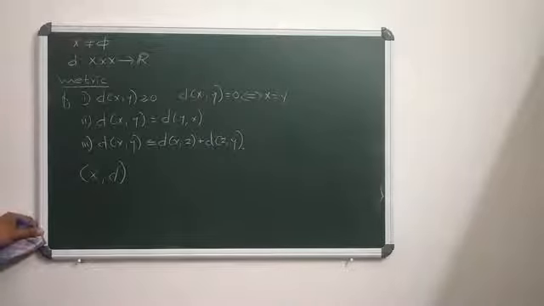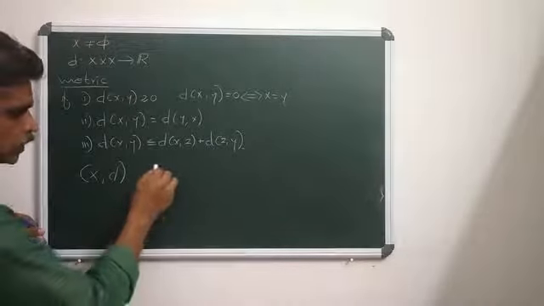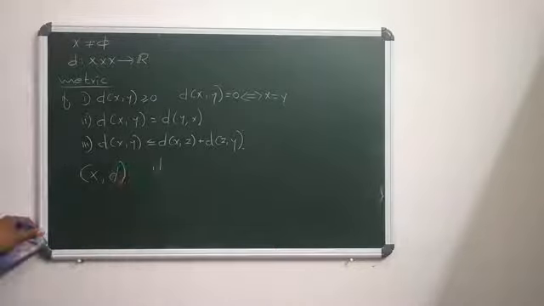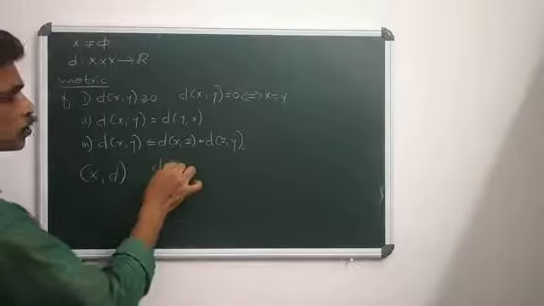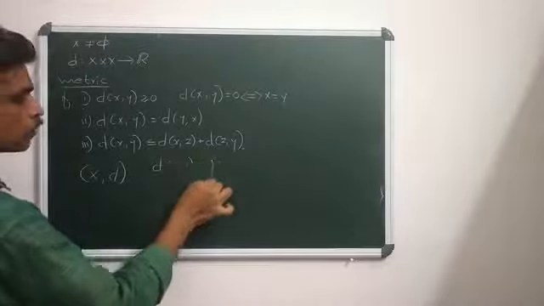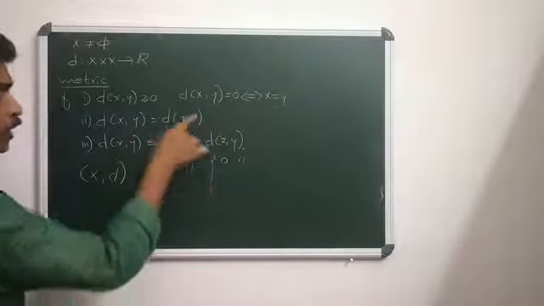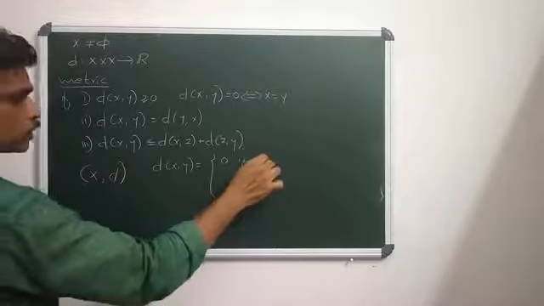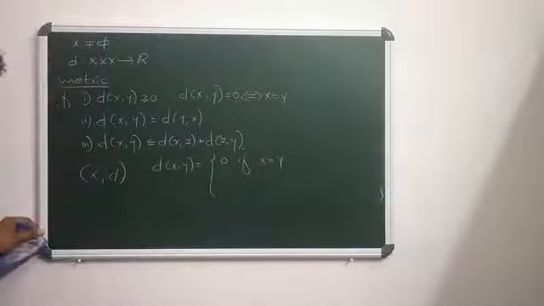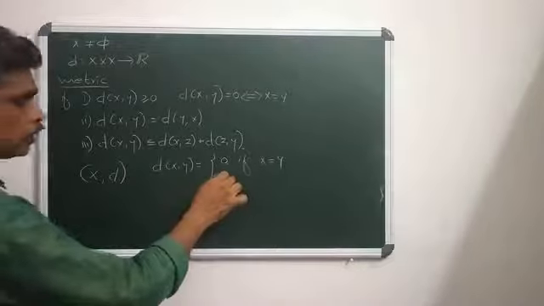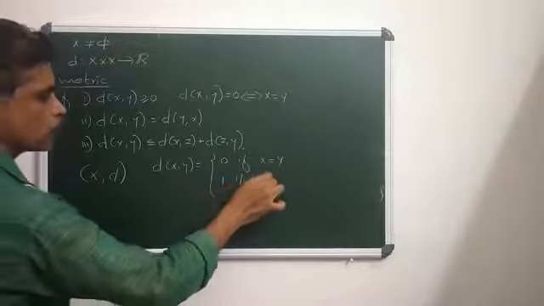Okay. Now consider the trivial metric. Let X be a non-empty set, and d is defined as d(x,y) equals 0 when x equals y, and 1 if x differs from y.